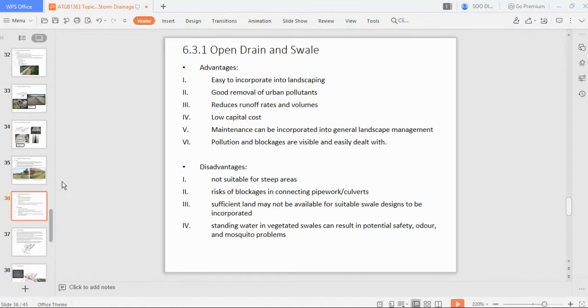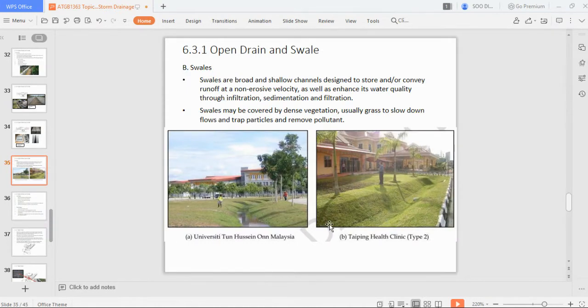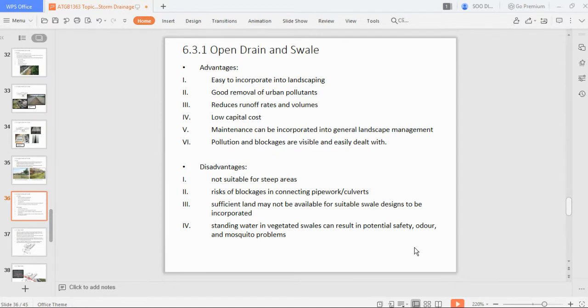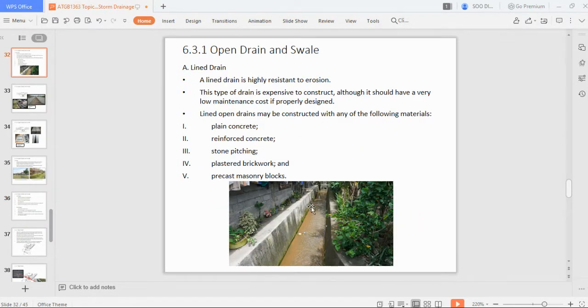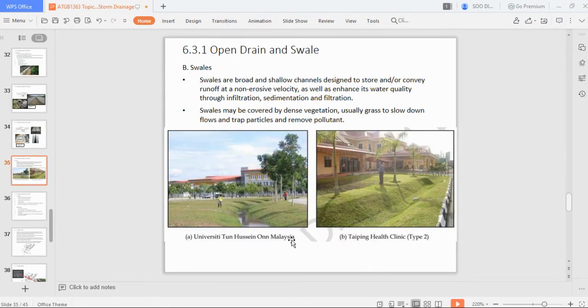And finally, because this is made out of soil and vegetation, there's always a risk of mosquito and insect problems. So if it's possible, a swale is not very recommended to be installed. That's why we always go for line drains. It's easy and simple, although it costs a bit more to install, you won't find much problem as compared to this.